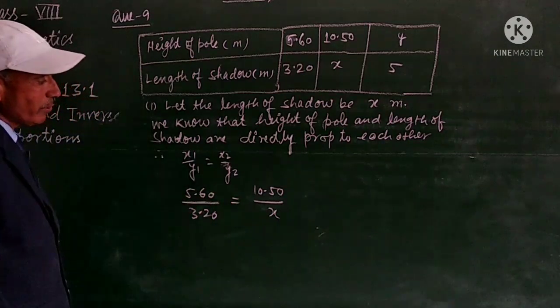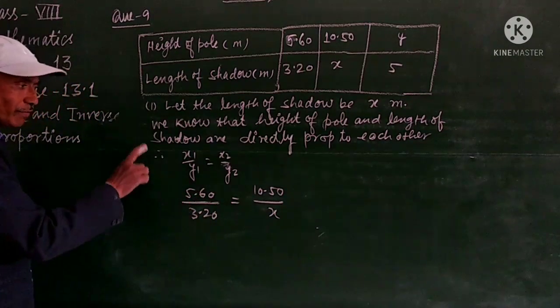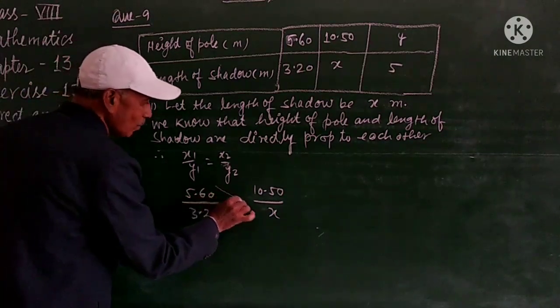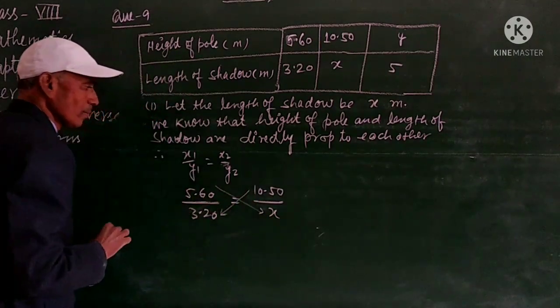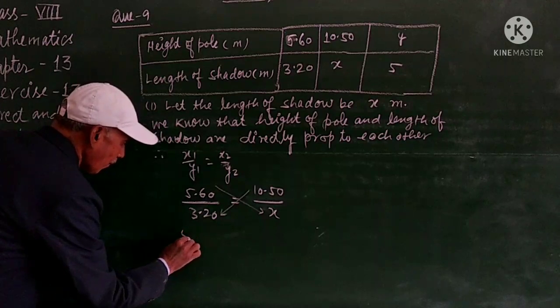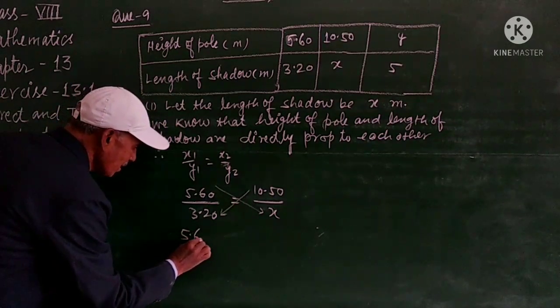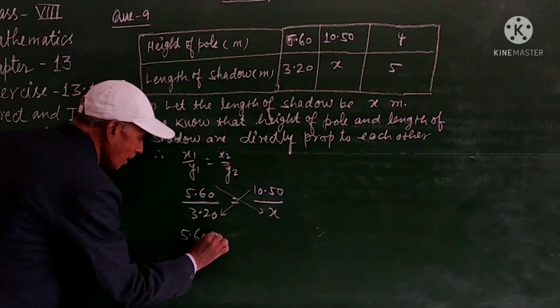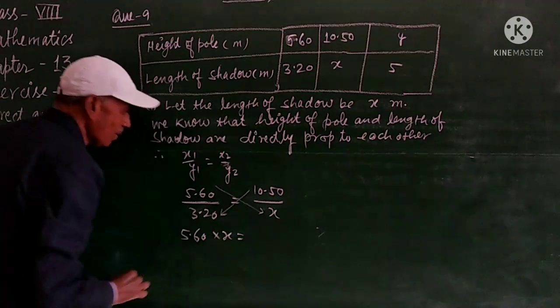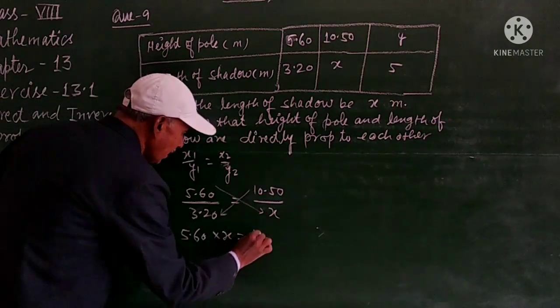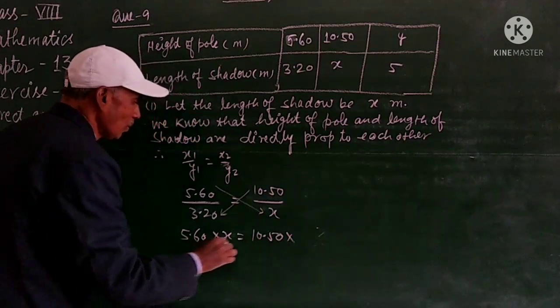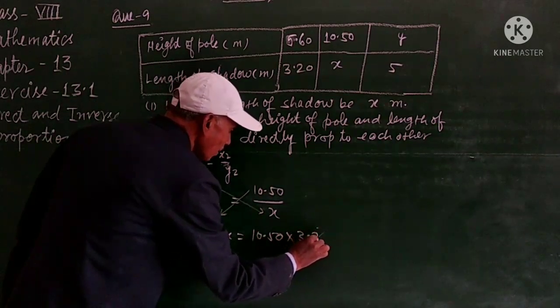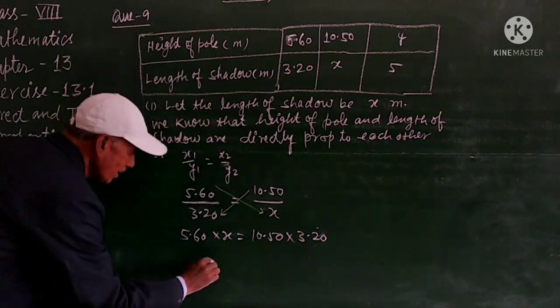Now we have to find out the value of this x in the first case, student. So we have to cross multiply. 5.60 into x is equal to 10.50 into 3.20.